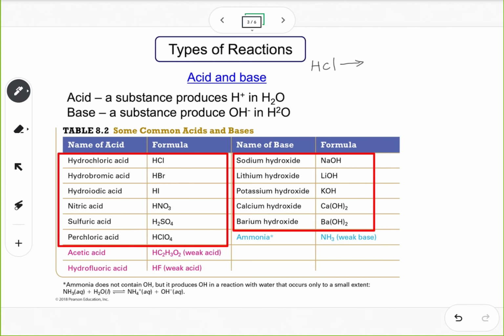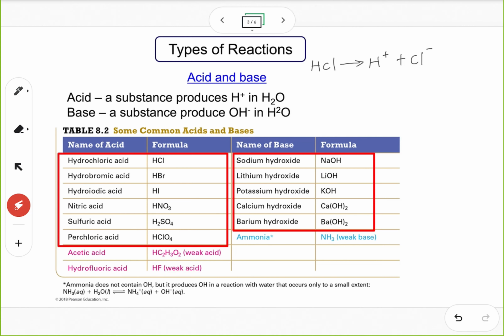We know that this is an acid because when you dissolve that in water, it will produce H plus and Cl minus. This is the definition. If a substance can dissociate or provide H plus in water, it's an acid.